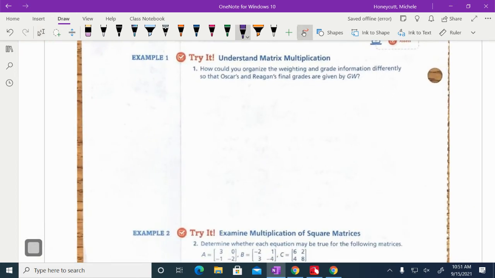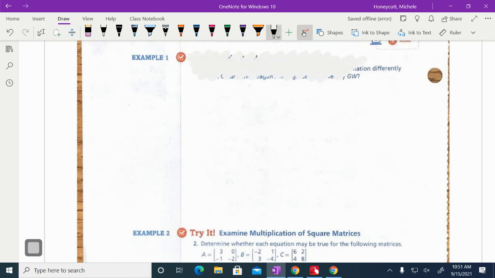So we're going to mark this out and make a new problem. Let's multiply a 3 by 2 times a 2 by 2.